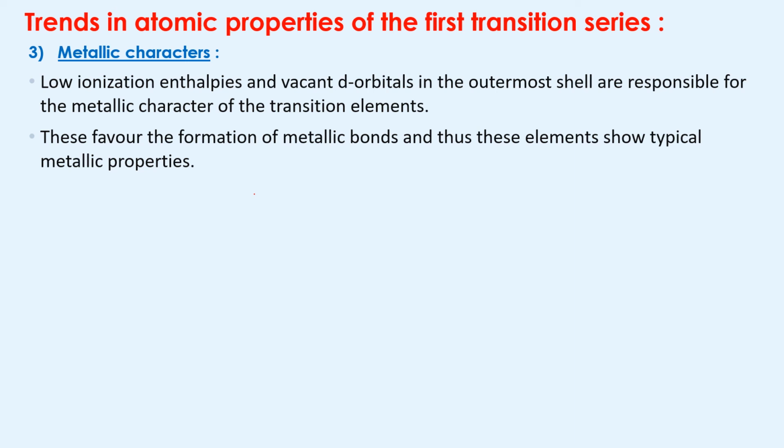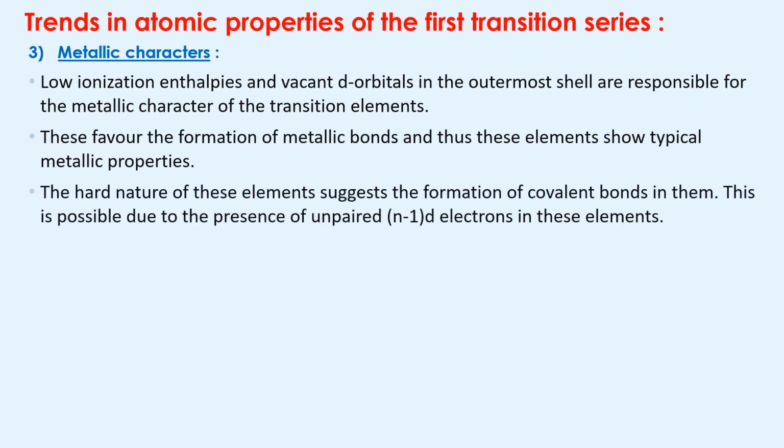So two important things, the low ionization enthalpy and vacant d orbitals, are responsible for these elements showing metallic properties.